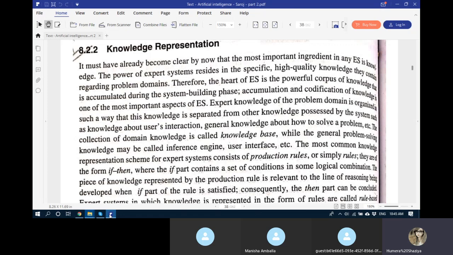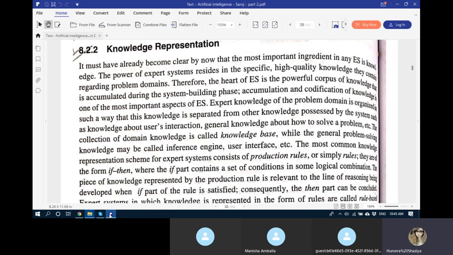Whatever knowledge has been collected by a knowledge engineer is known as the knowledge base. And we require an inference engine. What does an inference engine do? An inference engine derives conclusions from the knowledge base.